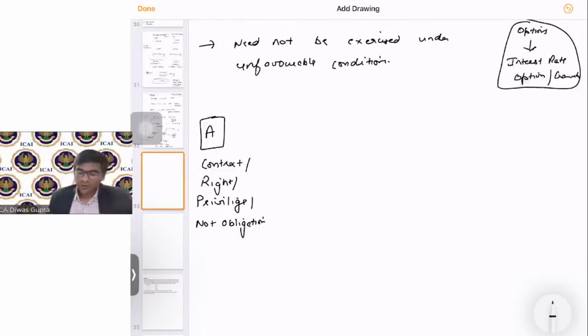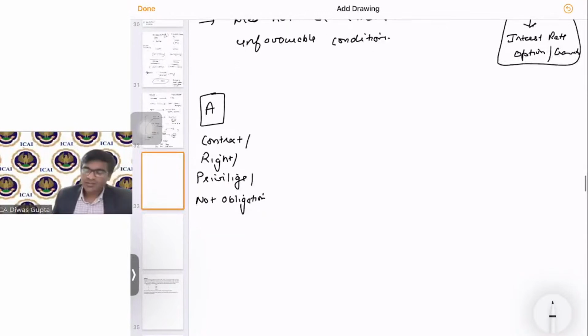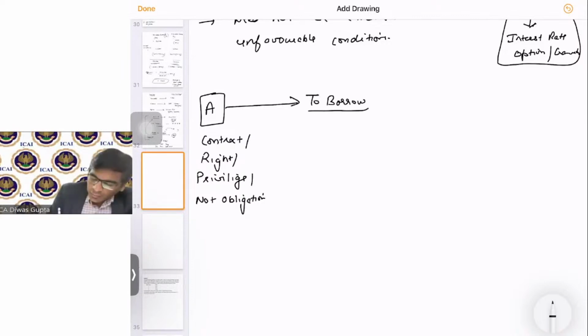So we were trying to explain through this simple chart: let's say A is a contract which has only rights and no obligations, and a contract of what? A contract to borrow. To borrow means to take money on credit. This is a contract to borrow a specified amount.